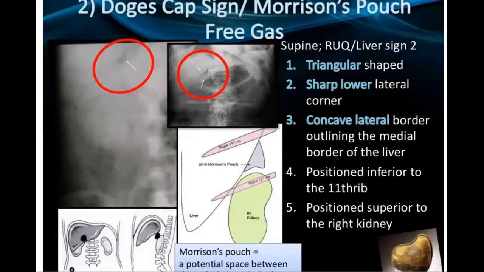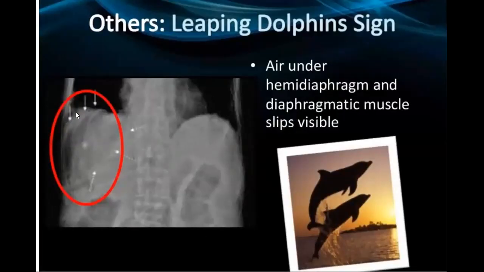Morrison pouch. Free gas triangle sign. Air under diaphragm with this appearance. I show you this. Okay.